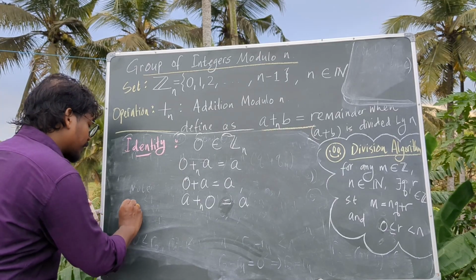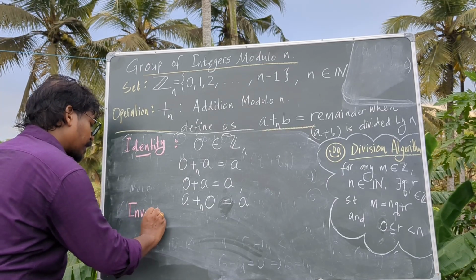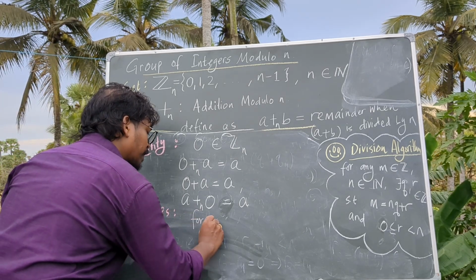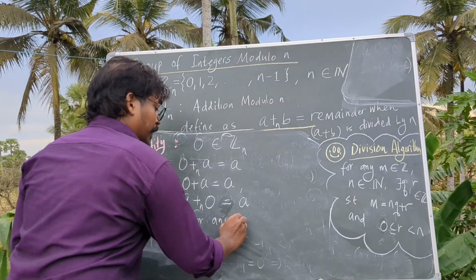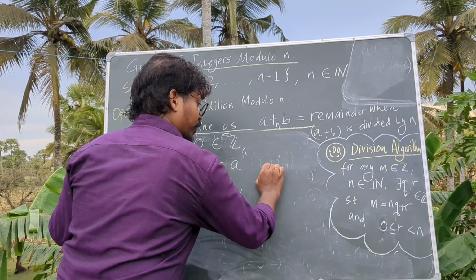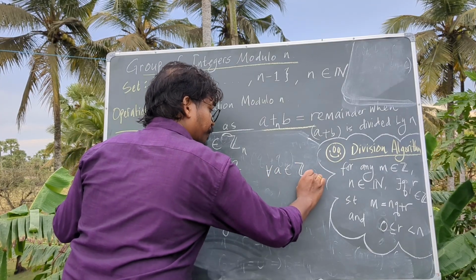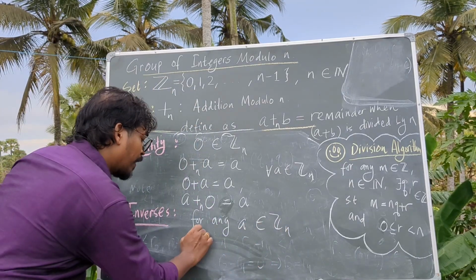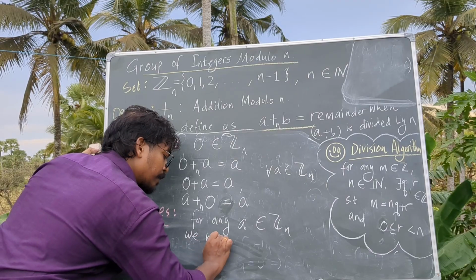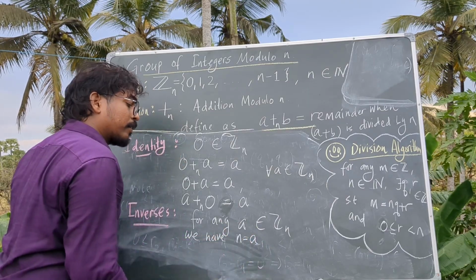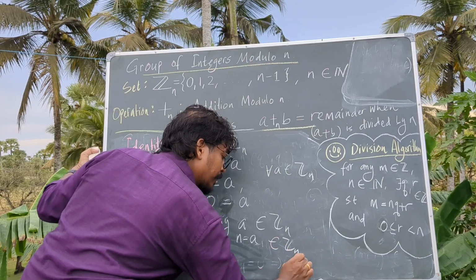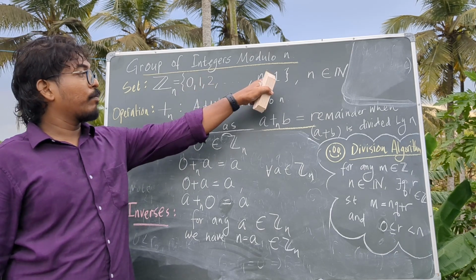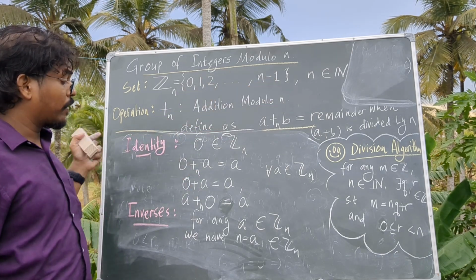Next we have inverses. For any A, and this happens for all A in the set Zn, we have n minus A also an element of Zn. A is a number between 0 and n minus 1: 0, 1, 2 up to n minus 1. A is any one of these numbers.